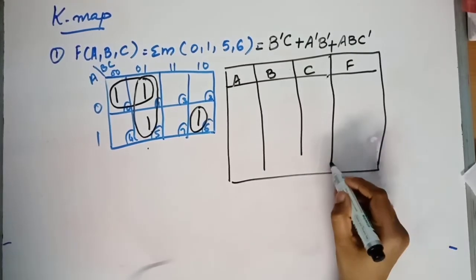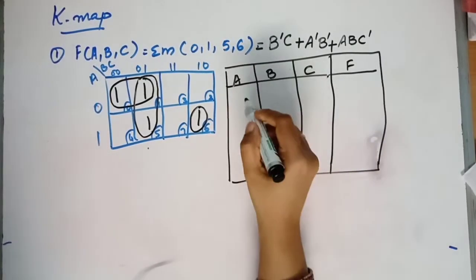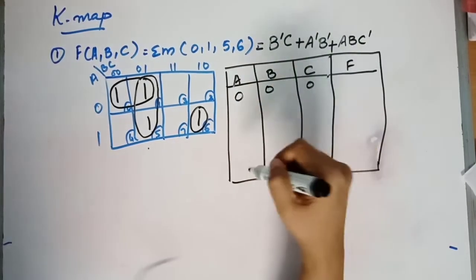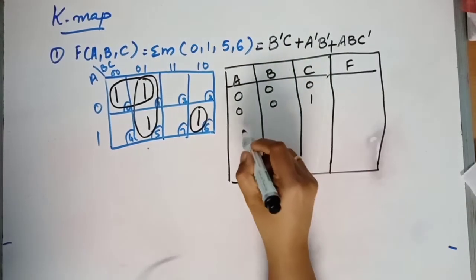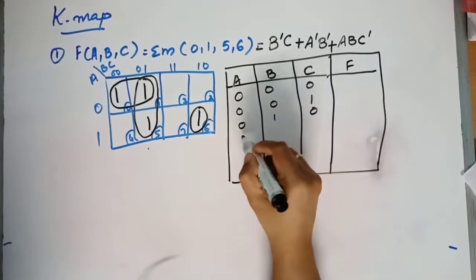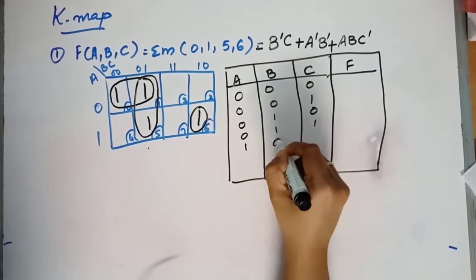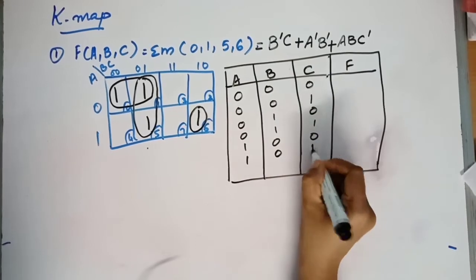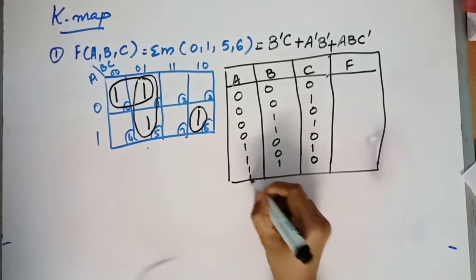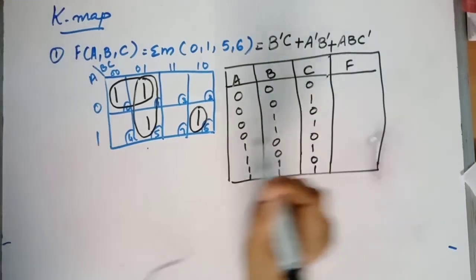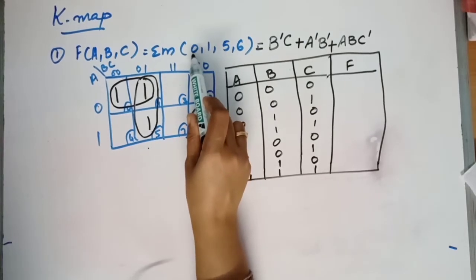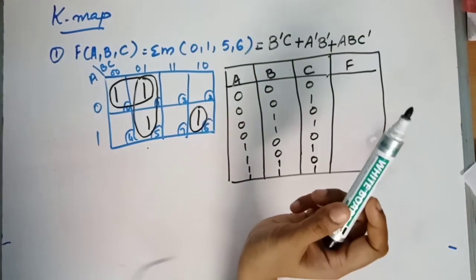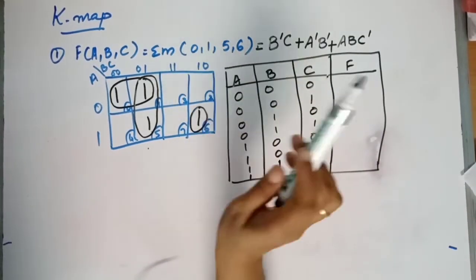ABC can take values from 0, 0, 0 to 1, 1, 1, that is 0 to 7: 0, 1, 2, 3, 4, 5, 6, 7. So wherever you have put 1, that is, the output is 1 if the input is 0, 1, 5 and 6. If any of these comes, output is 1.